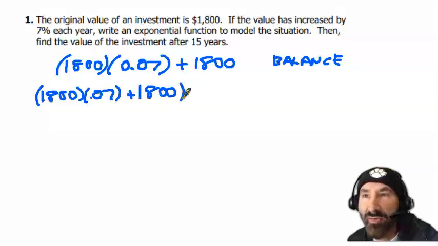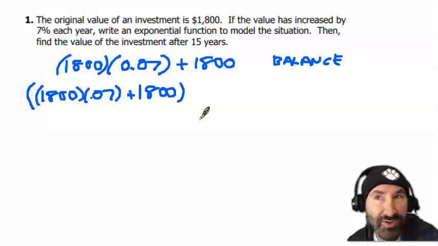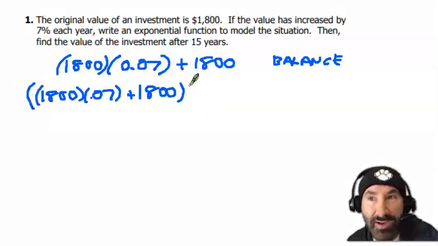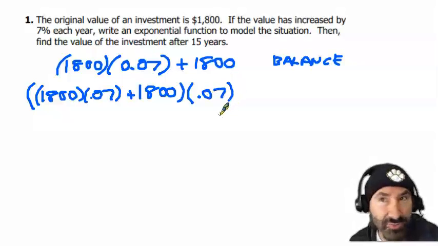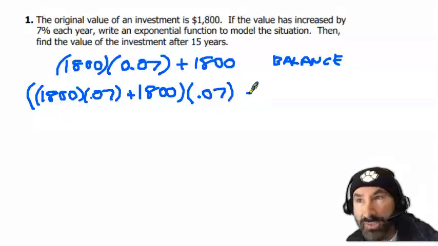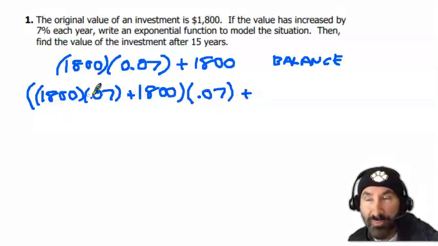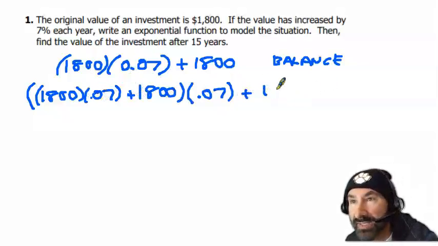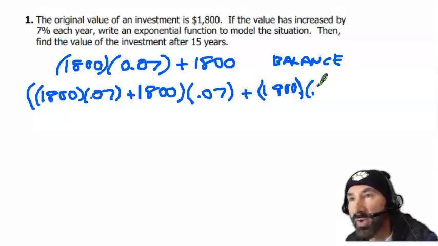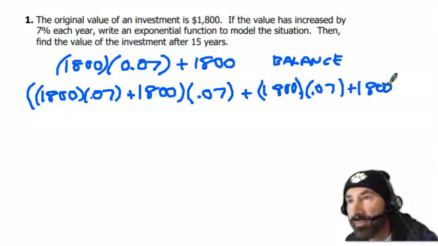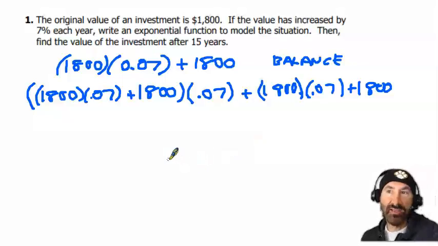Okay, we're going to have all this stuff at the end of the second year, but in addition to that, we're going to have 7% interest, plus whatever the original amount was, which was 1,800 times, oops, let me get the parentheses in here, times 0.07 plus 1,800. Now, that's the balance at the end of the second year.